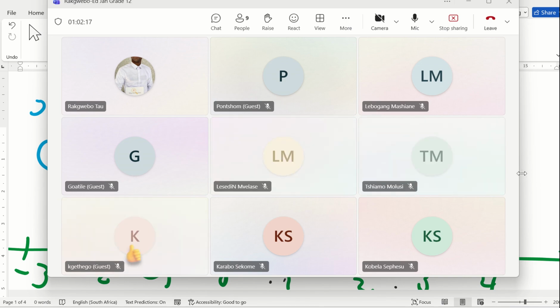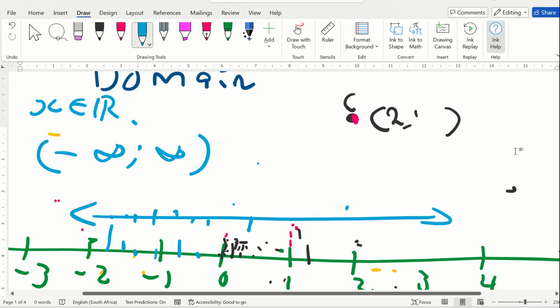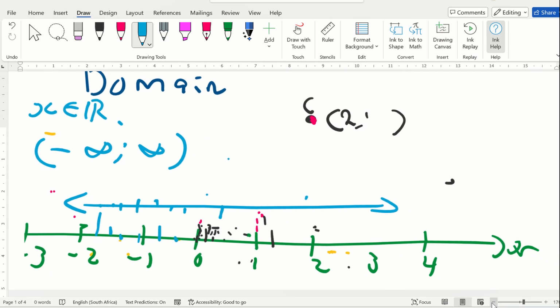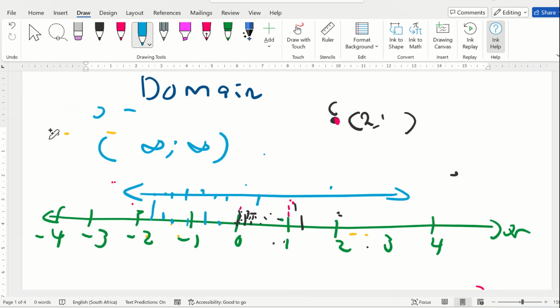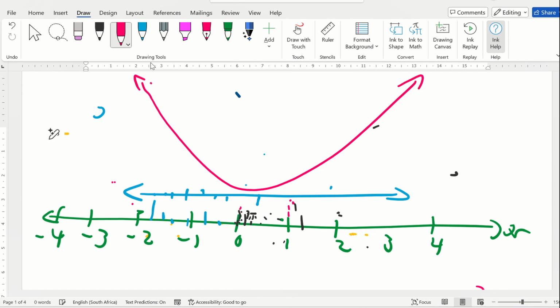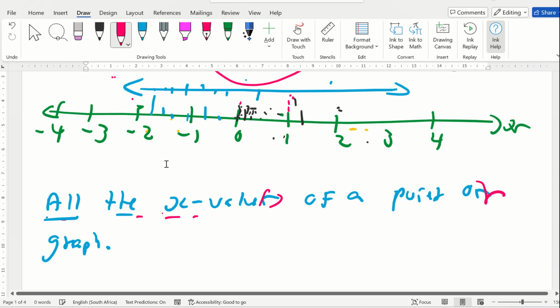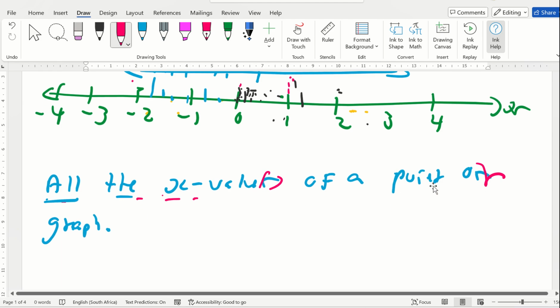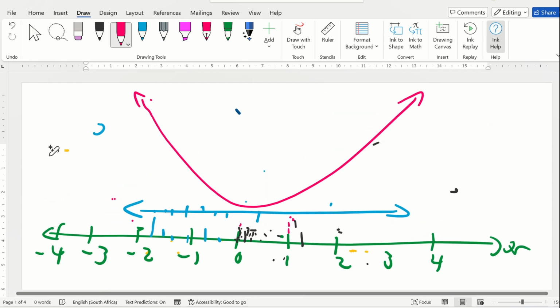And then compare this line with this. This function is a quadratic function that goes like this. They ask you to find the domain. Remember, what is a domain? Domain is just all the x values of a point or a graph. So now let's look at these x coordinates.